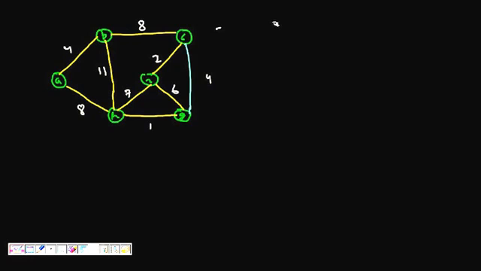So we have all the vertices A, B, C, G, H and I. We have 6 vertices, and for each of them we have their pi of u and key.